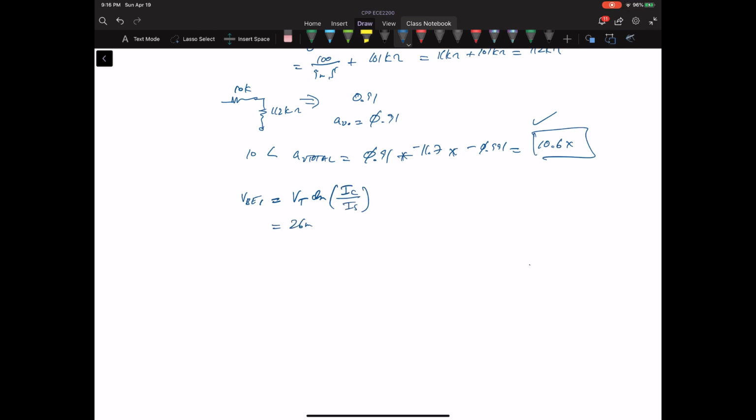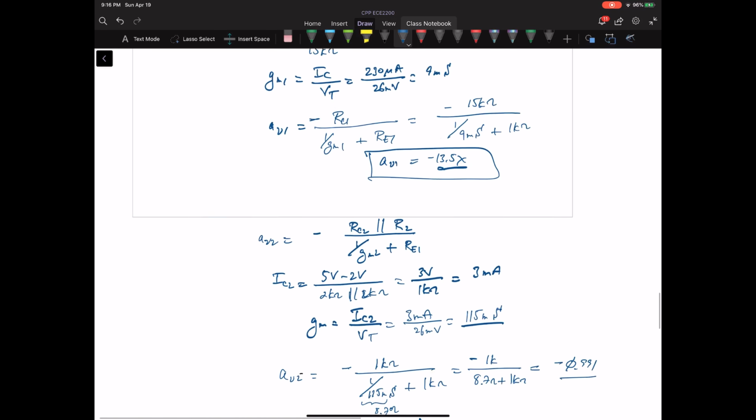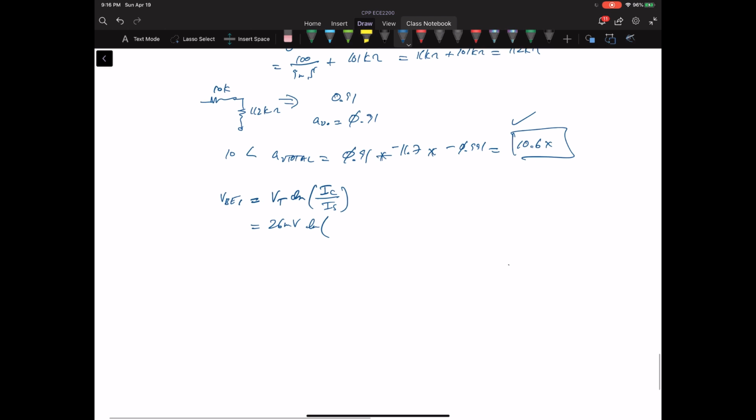So it's 26 millivolts times the natural log of the current on the first stage, 230 microamps, divided by 1 times 10 to the minus 15. So I get 0.68 volts here.